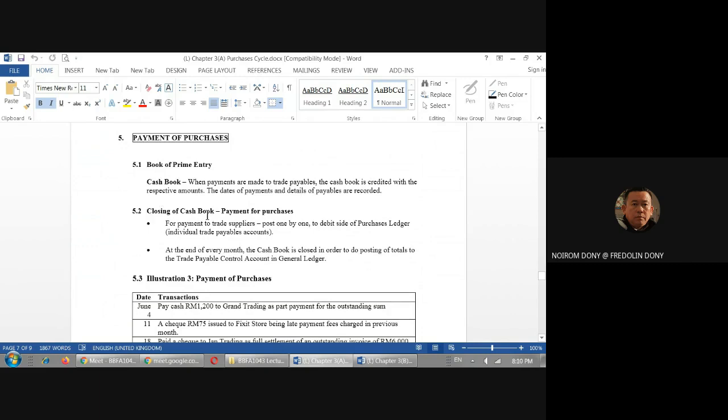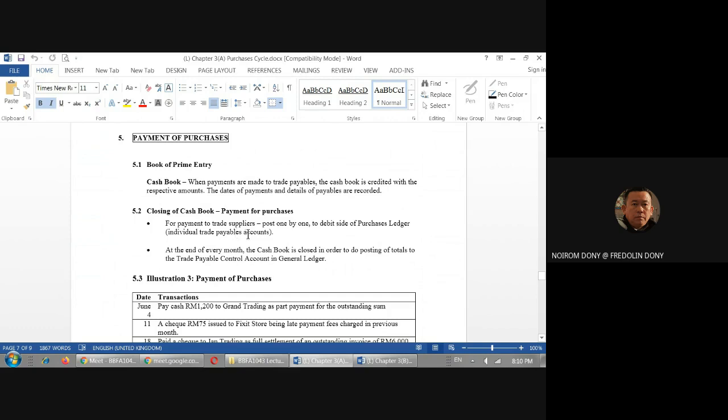Now, closing of cash book, payment for purchases. So how do we close the cash book? For payment to trade supplier, we post in one step, like the purchases also.